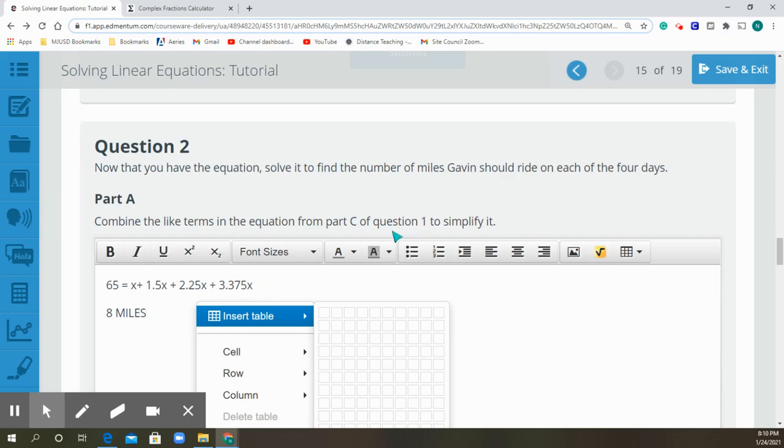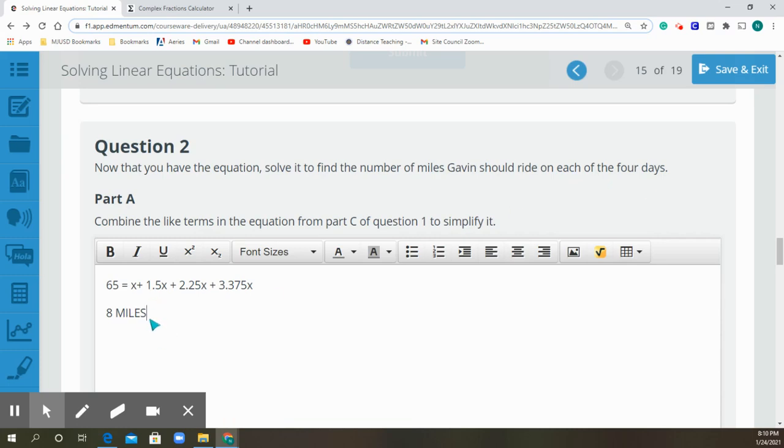So 8 miles on day 1. Day 1 equals 8 miles.